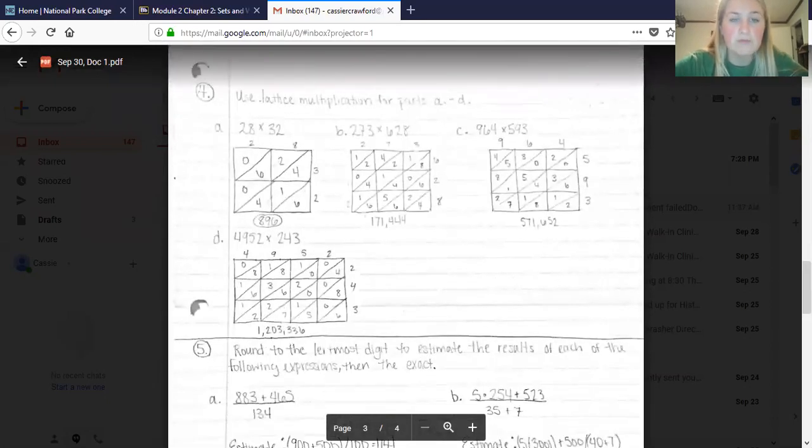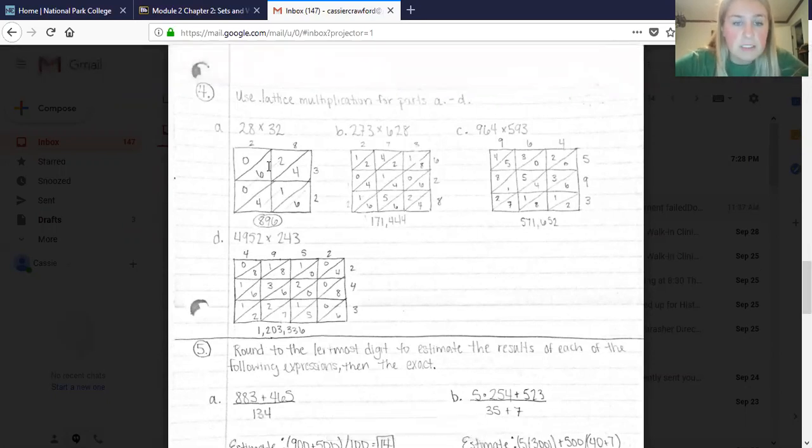Okay, number 4, we're using the lattice multiplication tables. I'm only going to go over one of them because it's just going to take too long to go through all of these. So we're going to begin by drawing our 2 by 2 box, and then we're going to add our diagonals here just to separate everything out. And we're going to start up here. 2 times 3 equals 6.